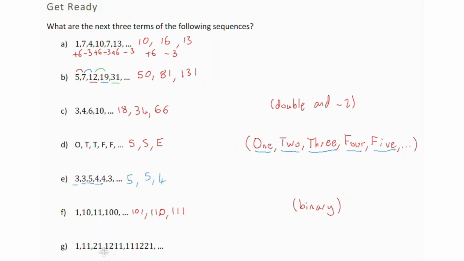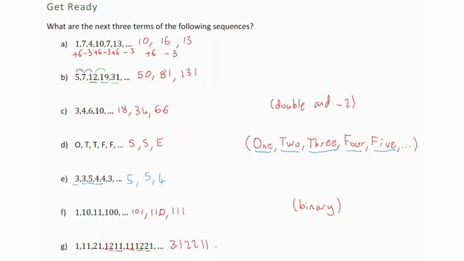I have 1 2. And then 1 1. So 1 1, what do I see? I see 1 1, then I see 1 2, and then I see 2 1s. So now what do I see? Well, I see 3 1s, and then I see 2 2s, and then I see 1 1.